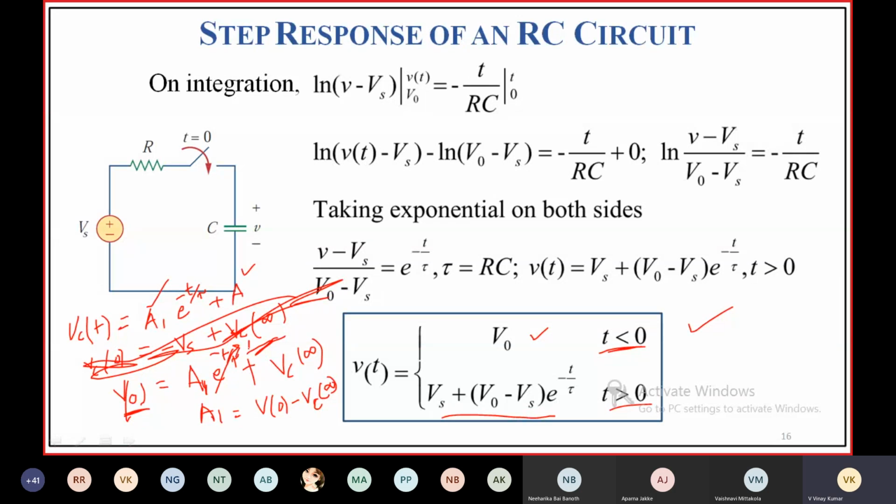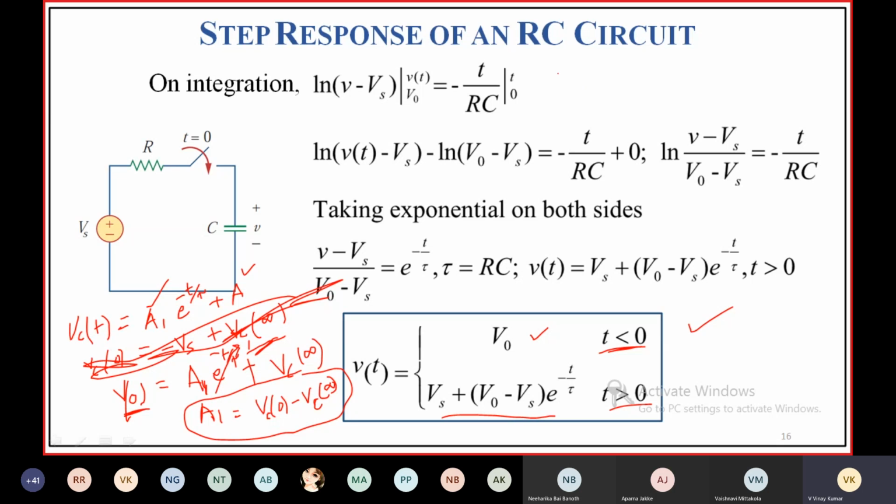This part becomes 1. So v of 0 means t is equal to 0, A1 e power minus 0, this part becomes 1, so A1 plus Vc of infinity. So A1 is equal to Vc of 0 minus Vc of infinity.